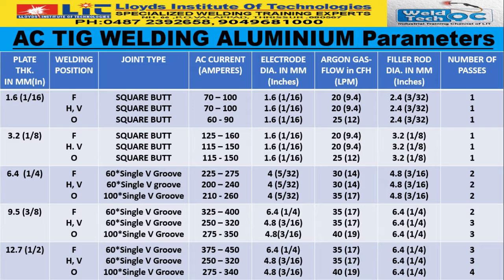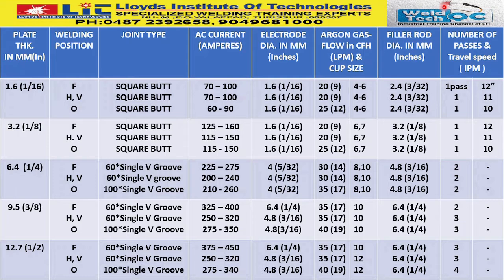Here is one more chart, which is given in much better detail. This chart explains even the welding positions and joint type. So better to have a look at it and make the settings accordingly.